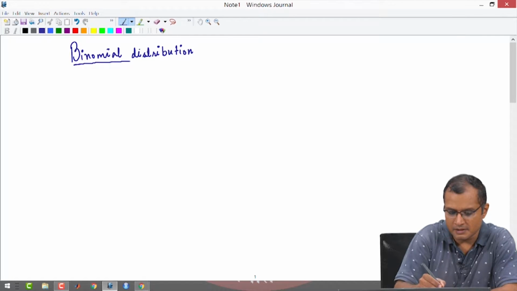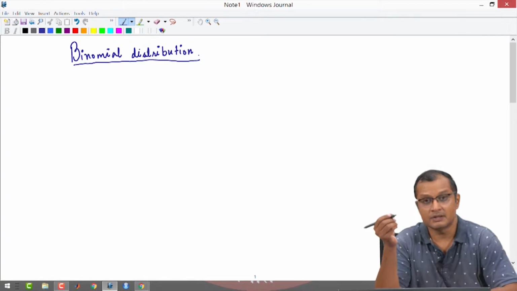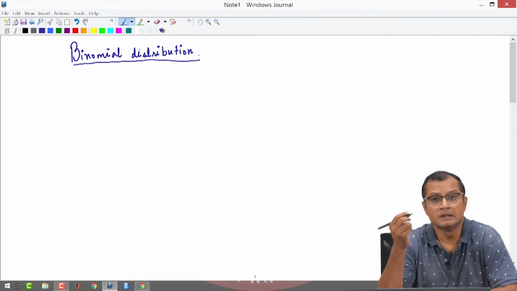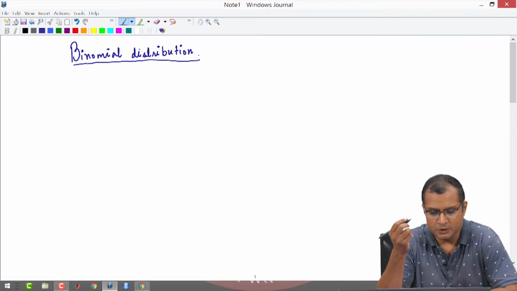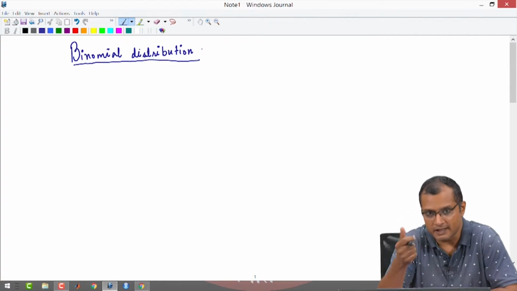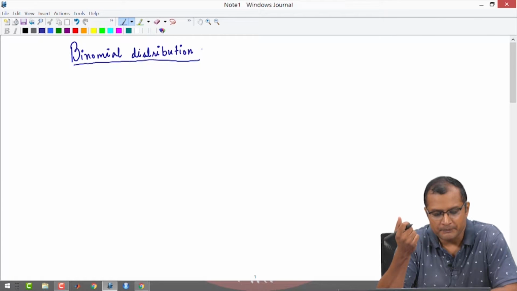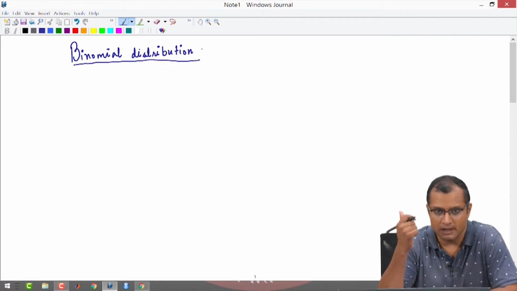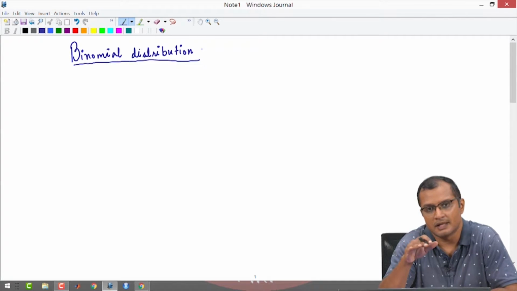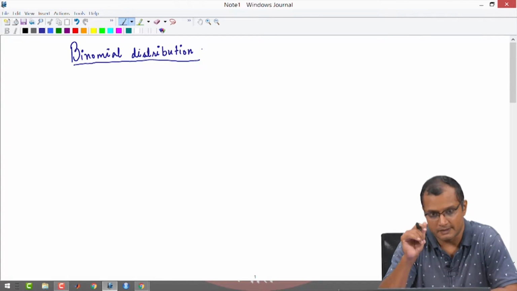I will discuss towards the end of this lecture a very important example for the binomial distribution, which is a random walk, and to that end we will be discussing random walk in one dimension, because that is the simplest case which has all the features of a random walk, except that it is the easiest to handle. So, we will discuss the one dimensional random walk as an example of the binomial distribution.